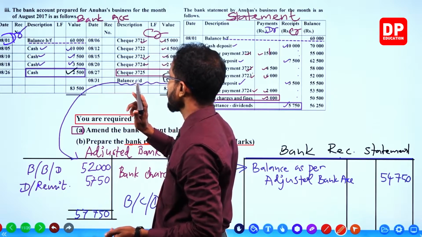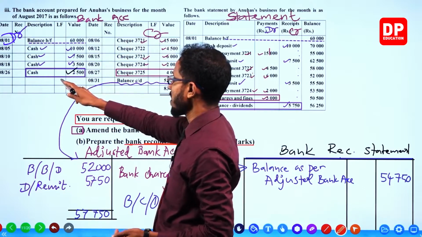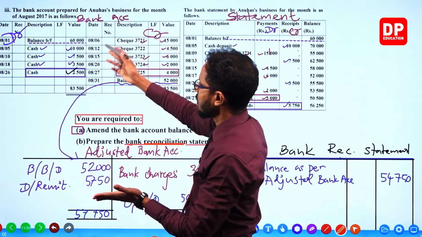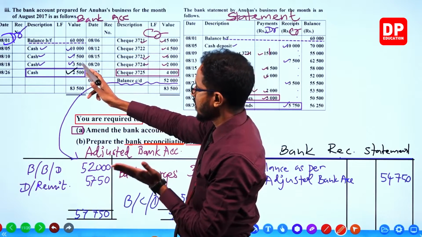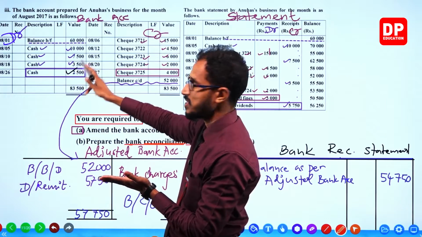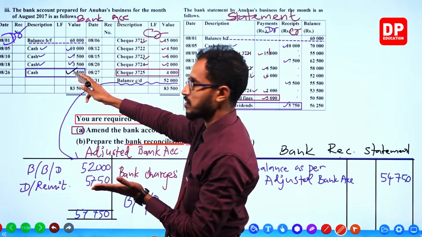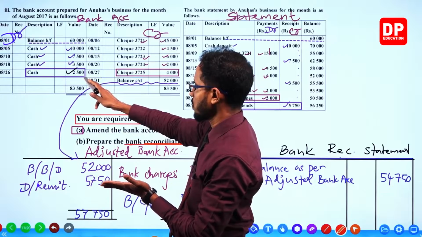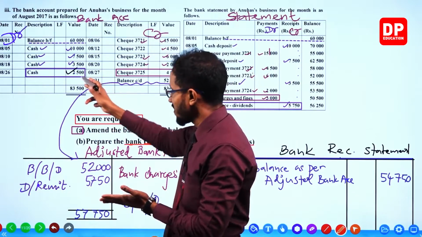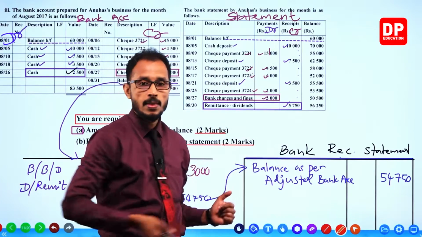So now we have to take them from the bank account. These items appear in our bank account, but they are not appearing in the bank statement.